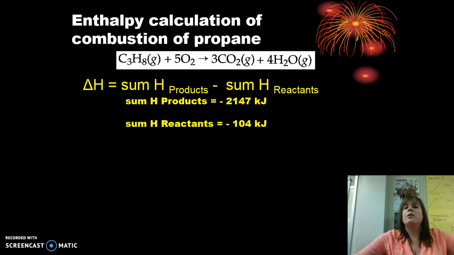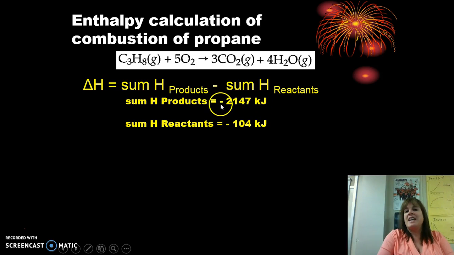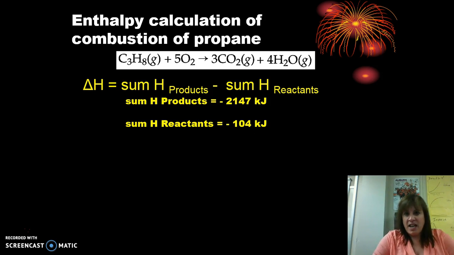So, for example, if we look at the combustion of propane, propane is the gas that you use if you grill. And if I added up the enthalpies of carbon dioxide and water, I would get negative 2,147 kilojoules. And if I added up the enthalpy values of propane and oxygen, I would get a value of negative 104 kilojoules. So from a negative standpoint, that's a bigger number.